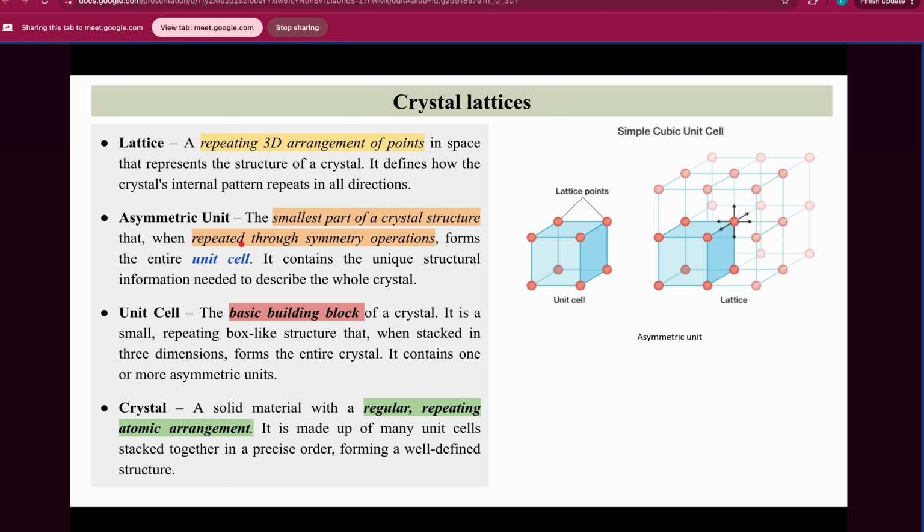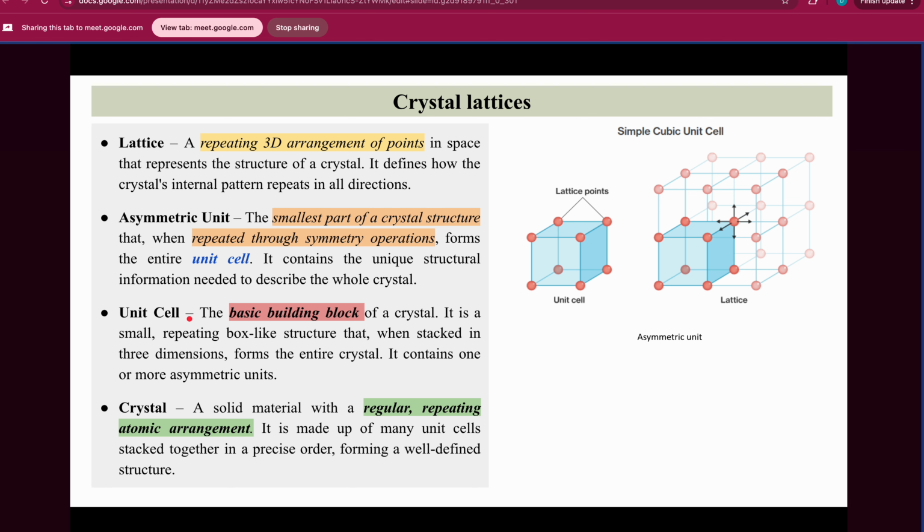It contains the unique structural information needed to describe the whole crystal. The other things present are just symmetry operations of that particular asymmetric unit.